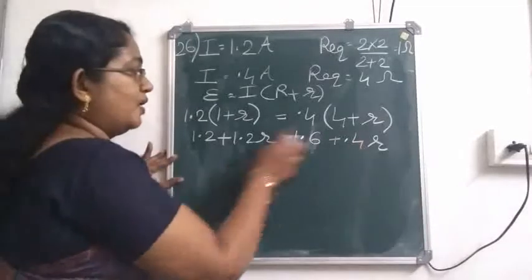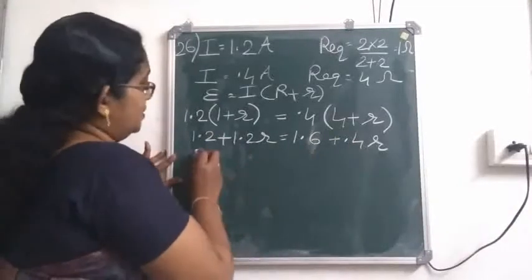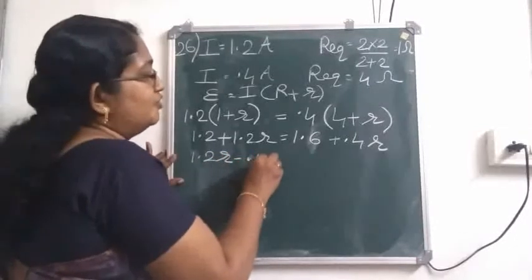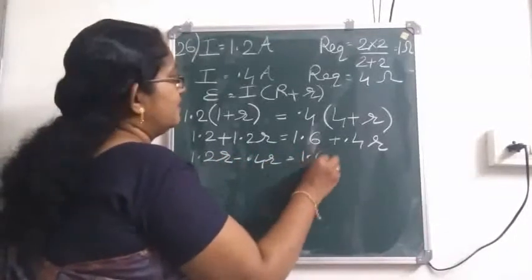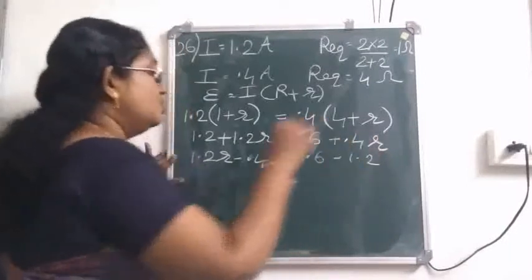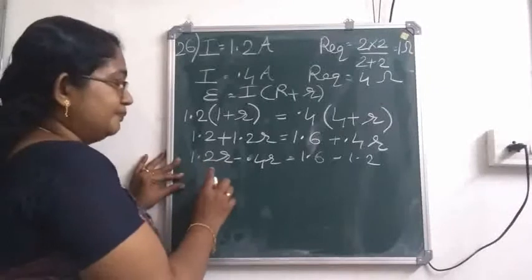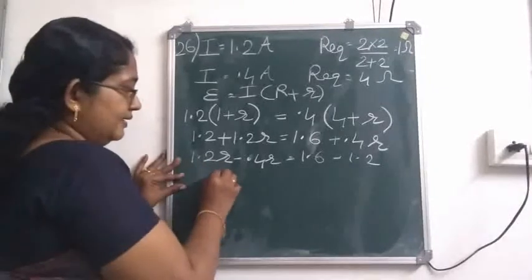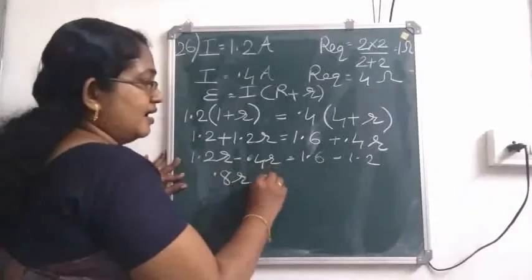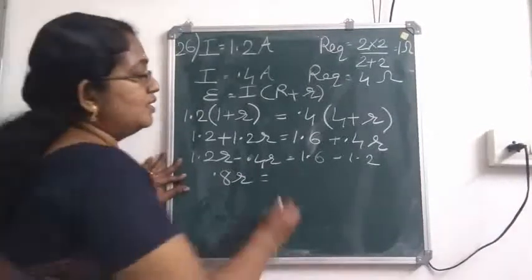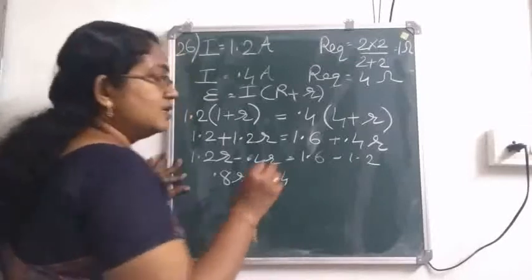So, I will take 0.4 R this side and 1.2 that side. 1.2 R minus 0.4 R is equal to 1.6 minus 1.2. 12 minus 4 is 8. So, here it is 0.8 R is equal to 16 minus 12 is 4. So, here it is 0.4.